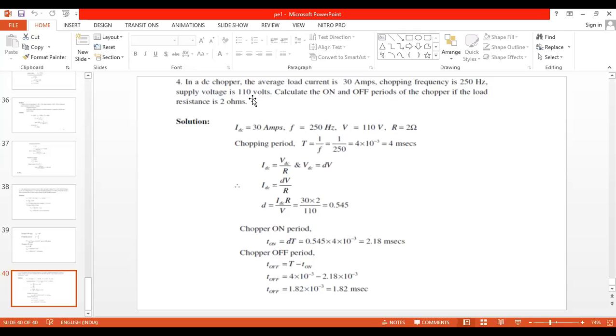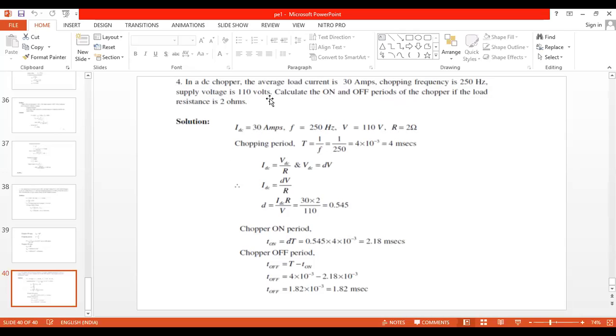Supply voltage is 110 volts. Calculate the on and off periods of the chopper. That means in this problem, they're asking T on and T off, if the load resistance is 2 ohms. So IDC, the output current, is 30 amperes. Frequency, voltage, and this value are given. Already I mentioned. Now they are asking the current.